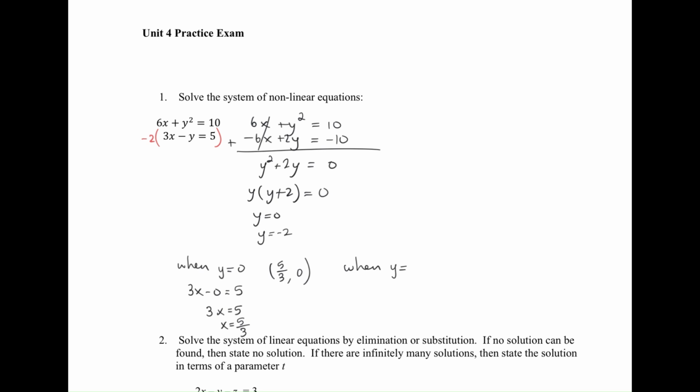When y equals -2, I'm going to use the same equation, 3x subtract y, so that's going to be subtract -2. So x equals 1. So the other solution is 1, comma, -2.